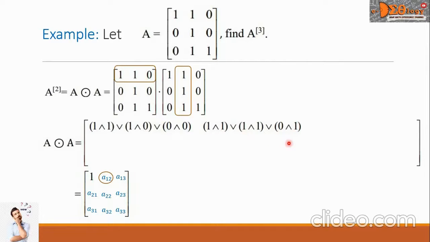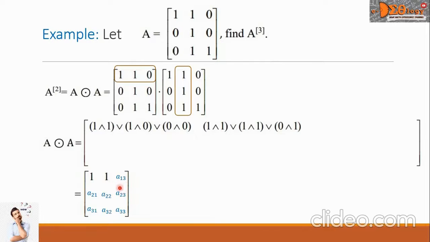So we see here a 1 value in any of the 3 pairs. So the full operation here is equal to 1. That is the value of our A sub 1, 2. So we write it here. We're going to follow this pattern in all our elements.